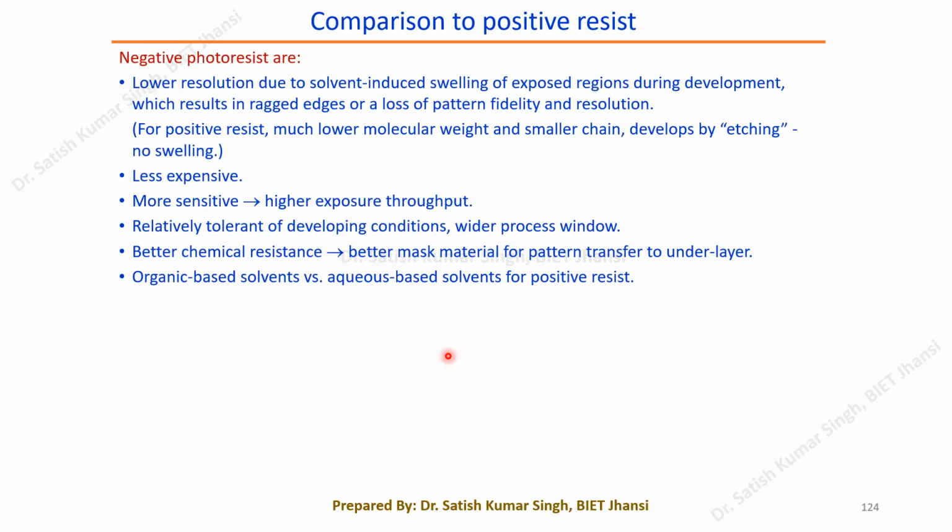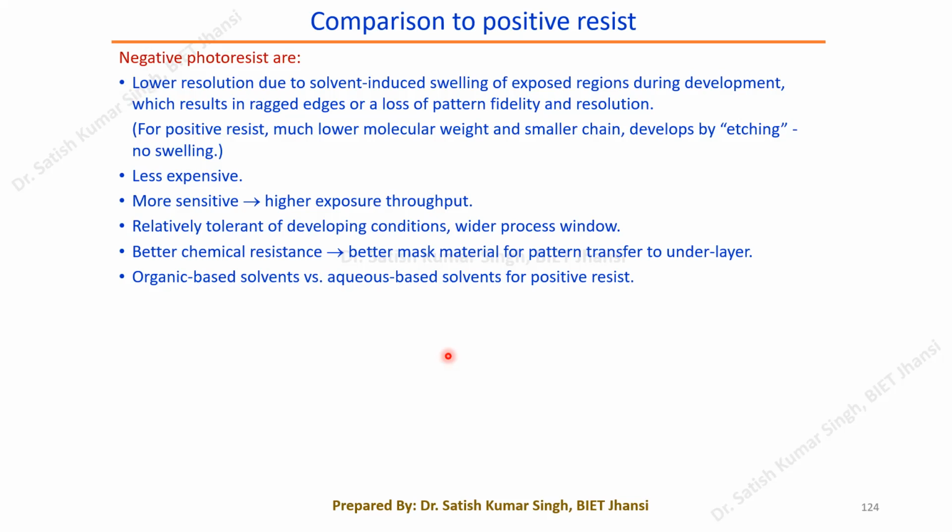One more thing I told you: negative photoresist uses an organic based solvent, while positive photoresist uses an aqueous based solvent, also called inorganic solvents, as the developer solutions. In certain cases positive photoresist is more suitable, as it has more resolution. All other properties of the negative photoresist are very good compared to positive photoresist.